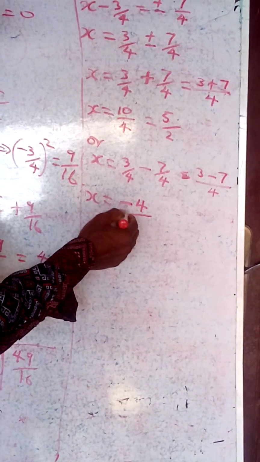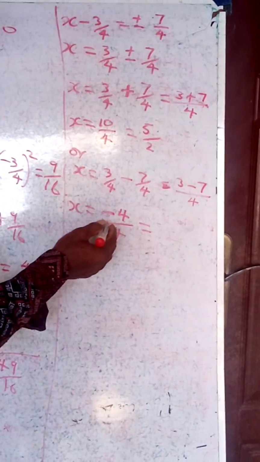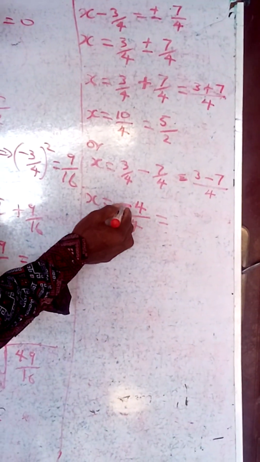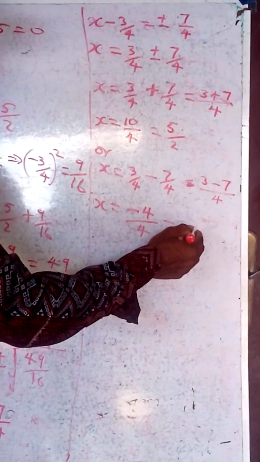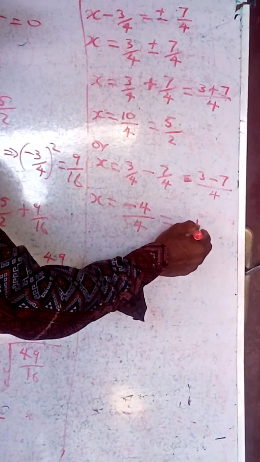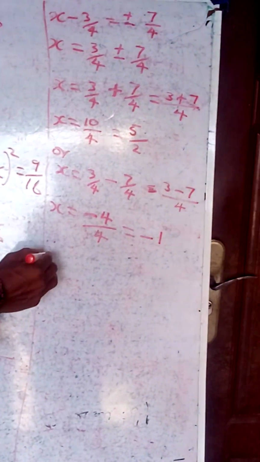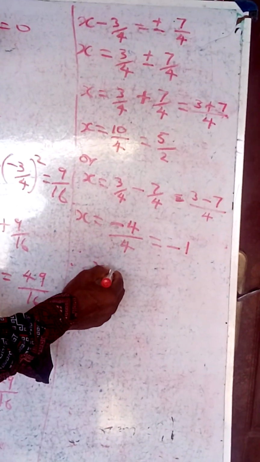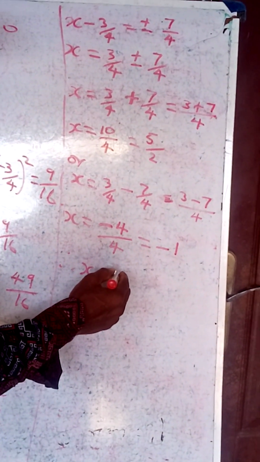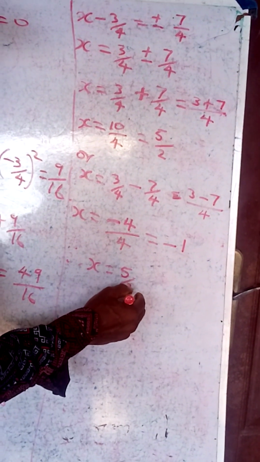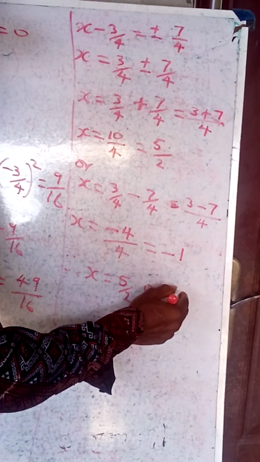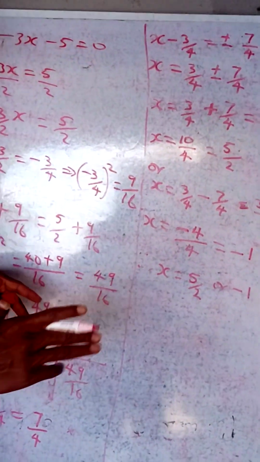Minus 4 divided by 4, minus divided by plus here is minus. 4 divided by 4 is 1. Therefore, the values of x are 5 over 2 or minus 1. Check it out. I think it's simple.